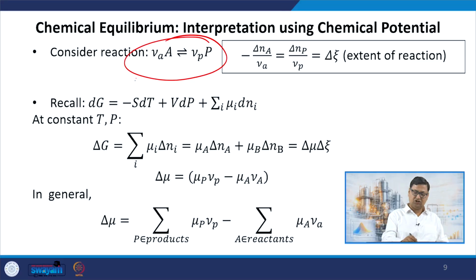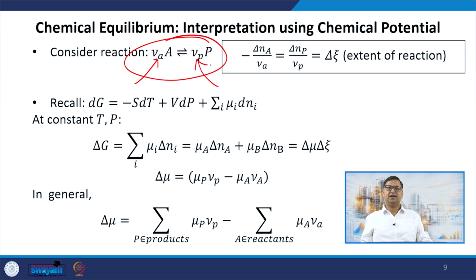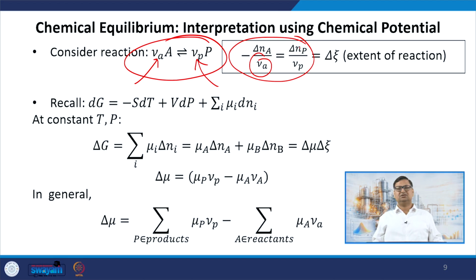So let us consider this simple reaction with stoichiometric coefficients nu A and nu P, and species A going to a product P. From stoichiometry, we can define something like this: the change in the number of moles of A divided by the stoichiometric coefficient of A, with a minus sign, is equal to the change in the number of moles of P divided by the stoichiometric coefficient of P, and this I can define as the extent of the reaction.